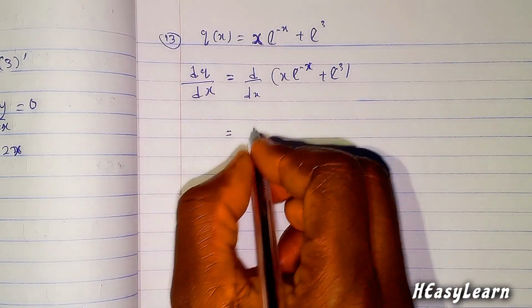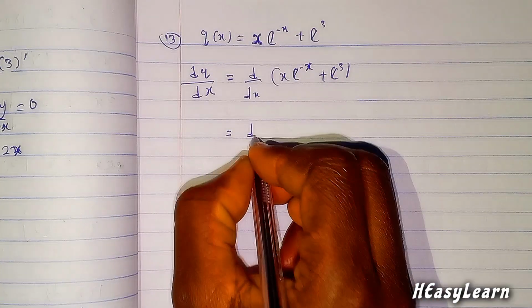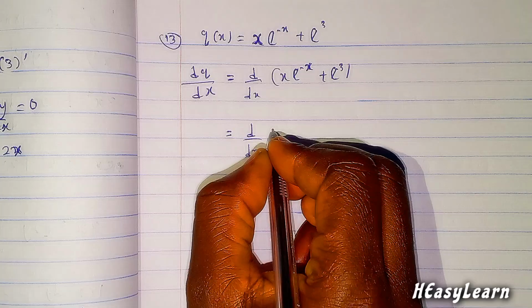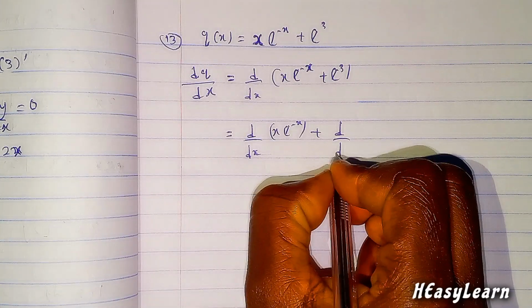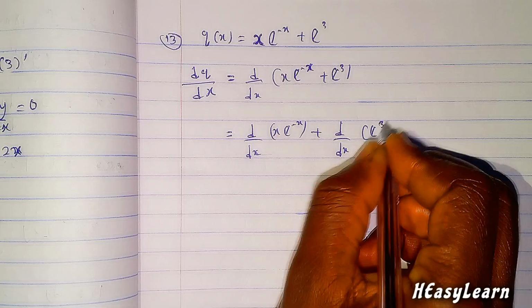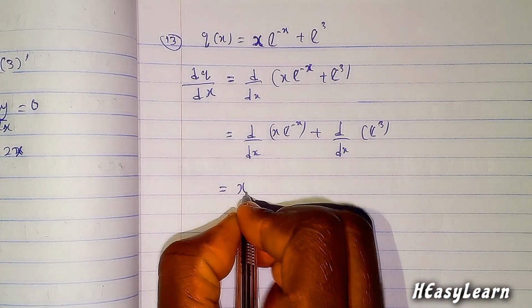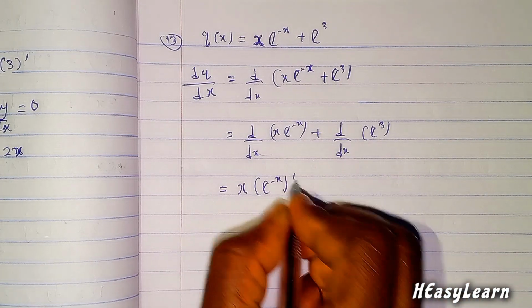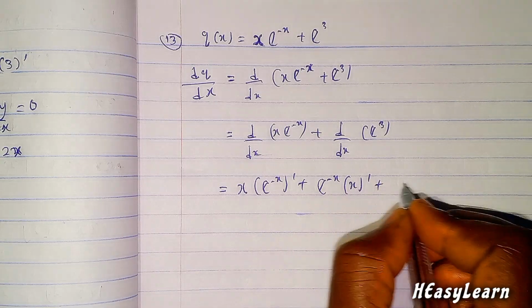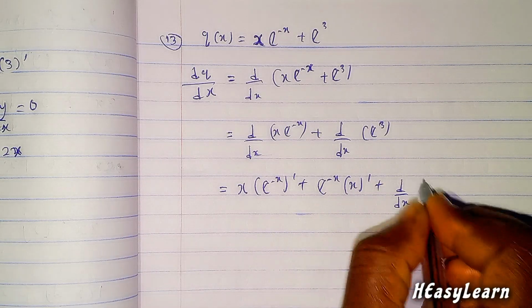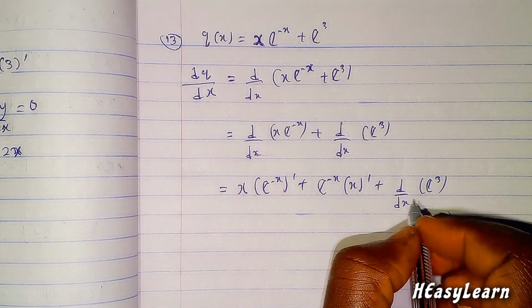This is a product rule: keep, differentiate, plus keep, differentiate, plus the derivative of the exponential 3.